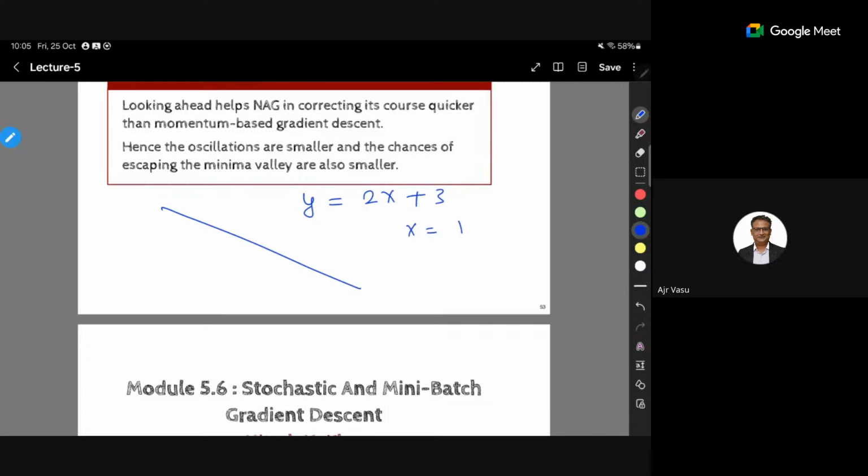Can you figure out y for that? Yes, it is 5. Now if I tell you x minus 5, what is going to be the y? How will you do that? I can just substitute. You can do that, right?